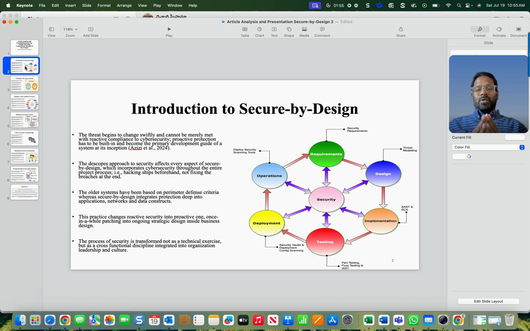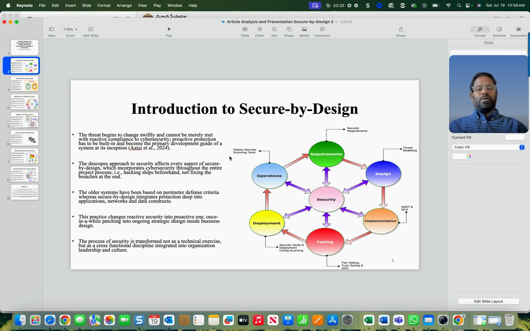I may not read everything that has been presented in this slide because I have limited time, so you can go through everything shown in this slide for more details about secure by design.